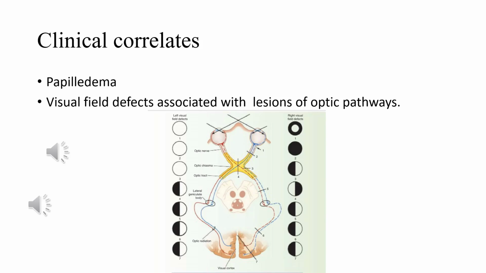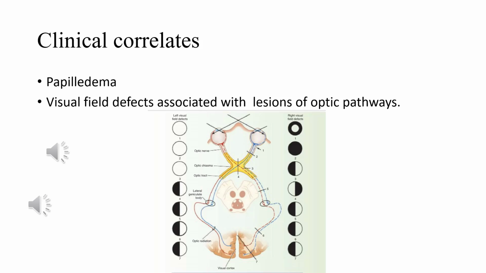Then we will move on to the lesions in the other two areas: one is the optic radiation and then the visual cortex. Now, if the lesion is at the level of the right optic radiation, it is also carrying the same fibers: the fibers of the nasal field of vision from the same eye and fibers for the temporal field of vision from the opposite eye.